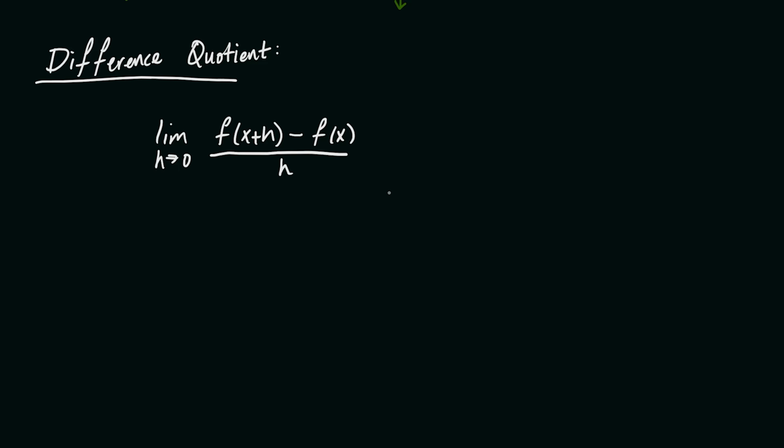Now, by looking at this equation, you're going to be like, oh, it's just going to turn out to be undefined because the denominator has 0 in it. But you're going to have to wait and see because we have f of x plus h, and in most cases, the h cancels out, right? So that's our difference quotient.